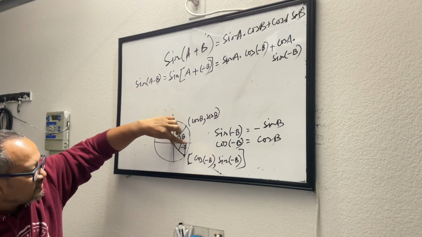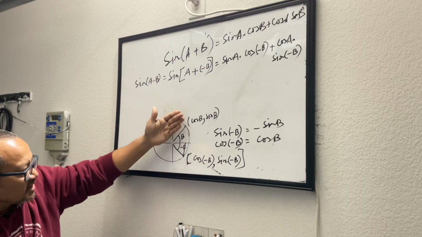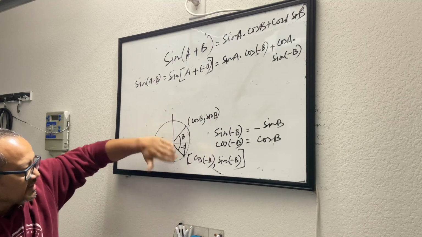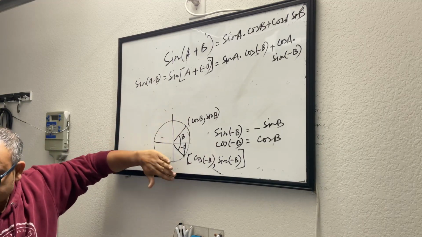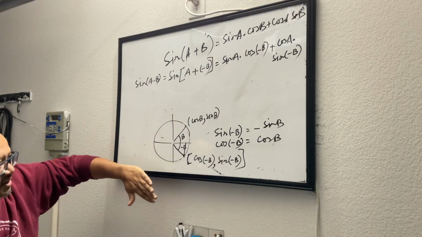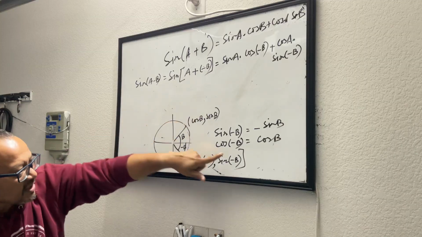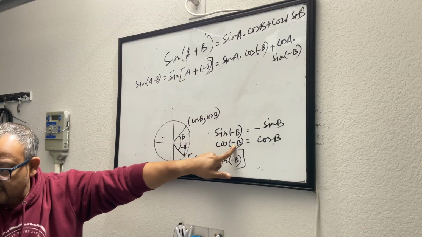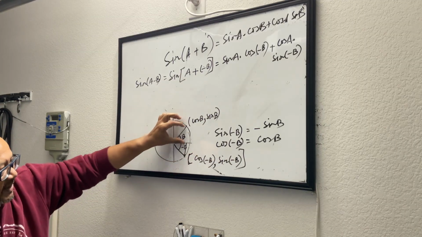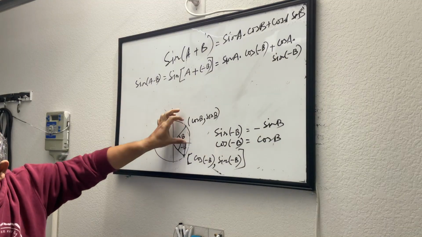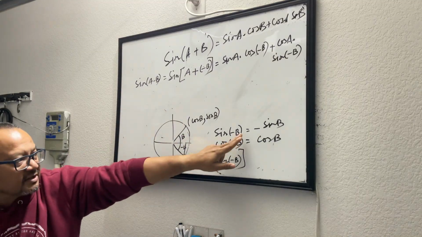So my x coordinate will be the same. These are two right angle triangles created as a replica, a mirror image of each other. We are just flipping it down. So my x coordinate value will be the same, positive. So cos of B and cos of minus B are the same. That's what we are writing here. But my y coordinate flips from positive to negative. That's why I have written it down here.